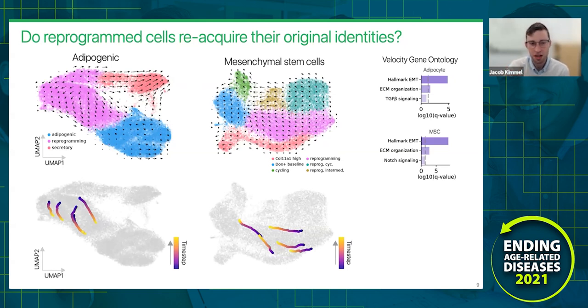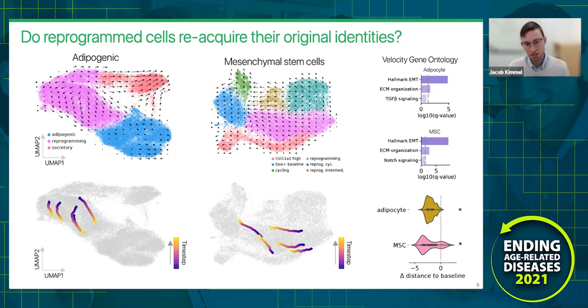And in both cases, we find again that they're significantly more likely to return to their baseline state than to stay within that reprogrammed condition. So we think this suggests that this suppression of cell identity is going to be transient, but nonetheless still risky in terms of neoplasia and something we should consider going forward.